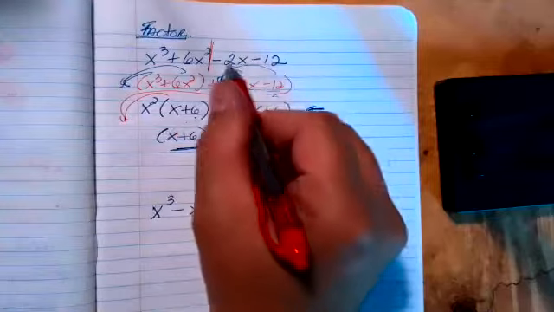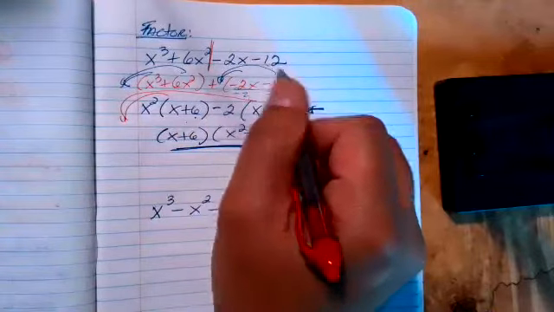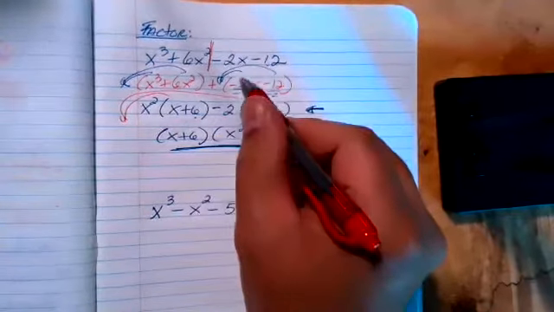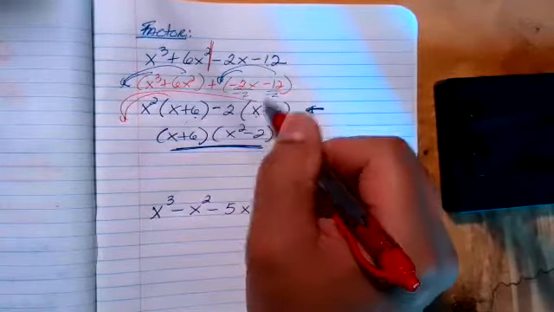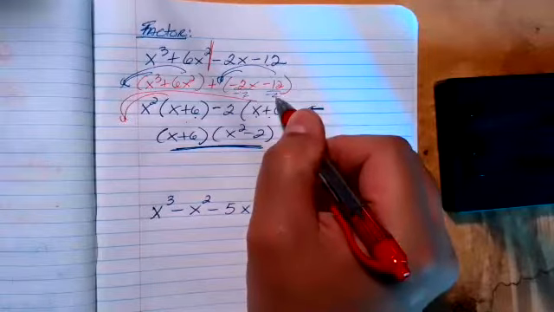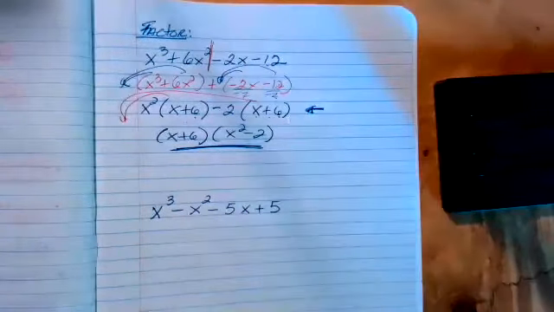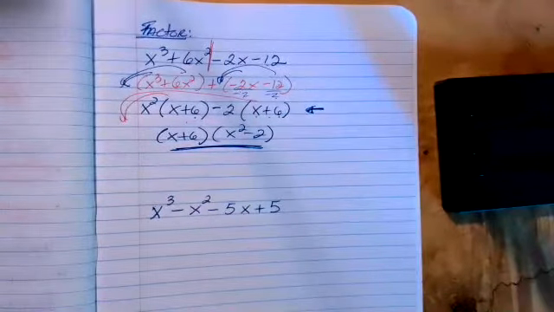Over here, they both have negative 2 in common. If I factor out a negative 2 from both of these, negative 2 divided by negative 2 will give me x. Negative 12 divided by negative 2 gives me my positive 6. Thank you. Right, we're factoring out the GCF from each term.